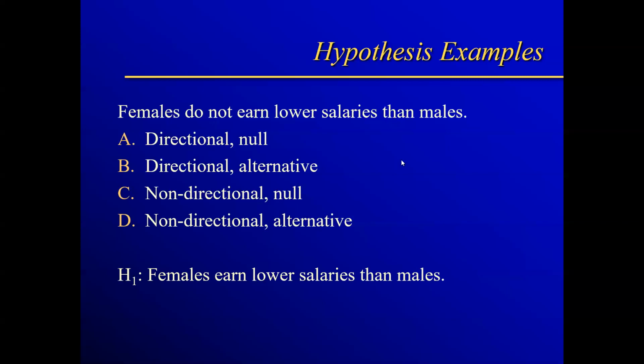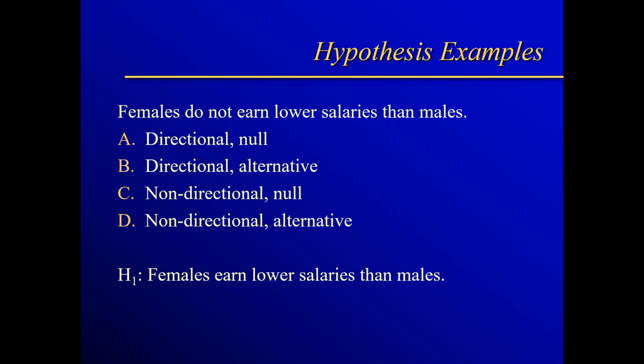All right, any quick questions so far about null and alternative hypotheses and directional versus non-directional? Somebody says directional means different.